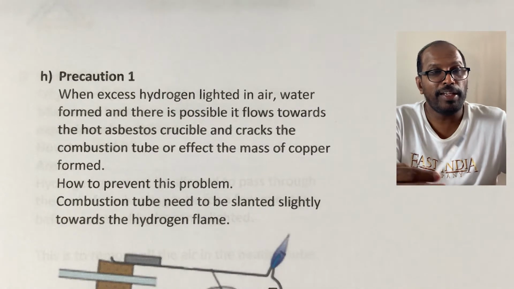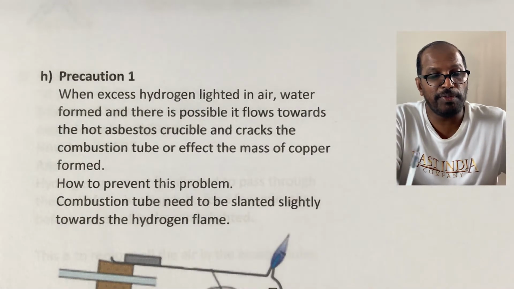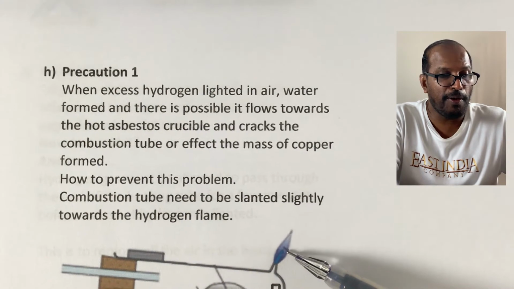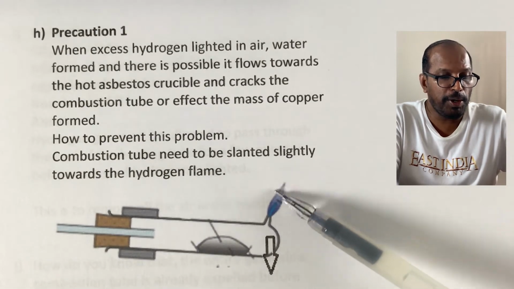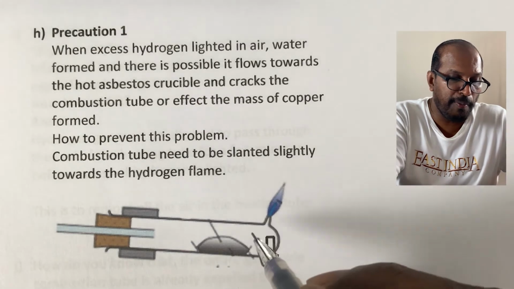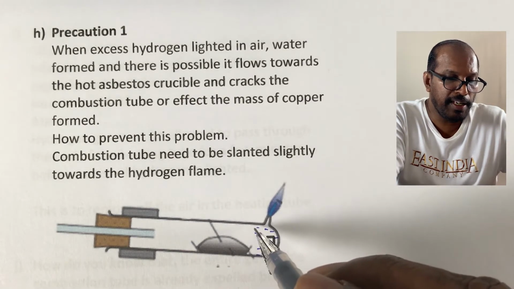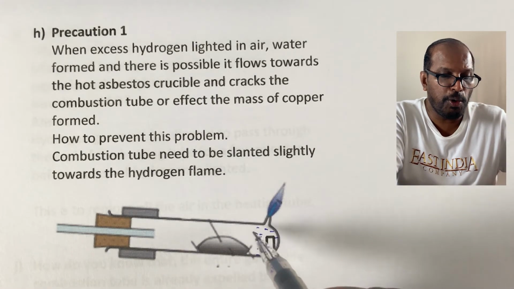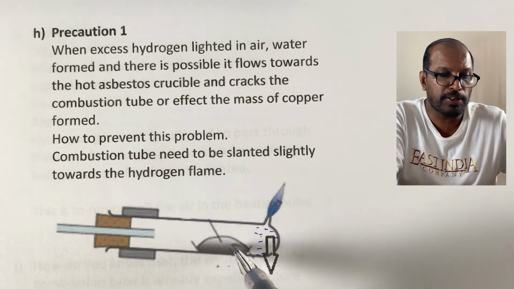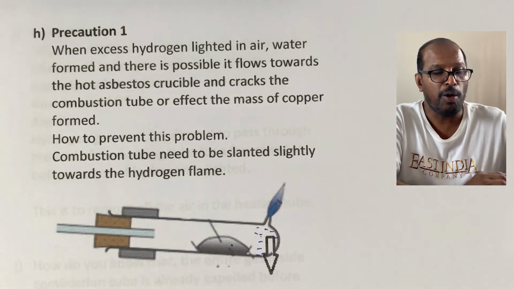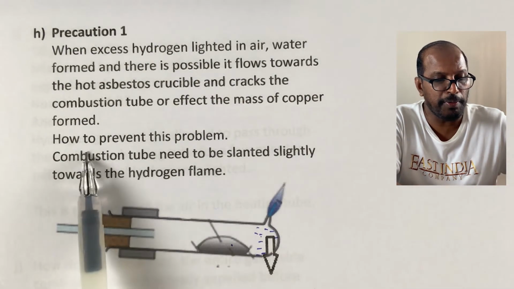So that means when the hydrogen burns with the oxygen, it forms water at this part, somewhere here. And if water is here, the water can drip onto the copper and it will affect the reading of the answer. Now, how can we prevent this problem?